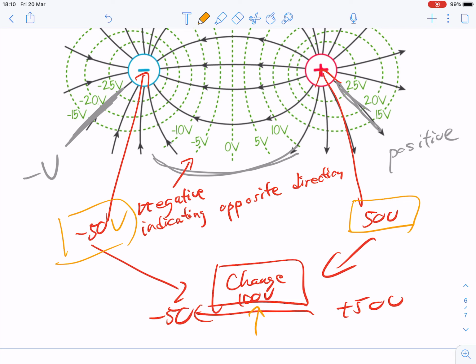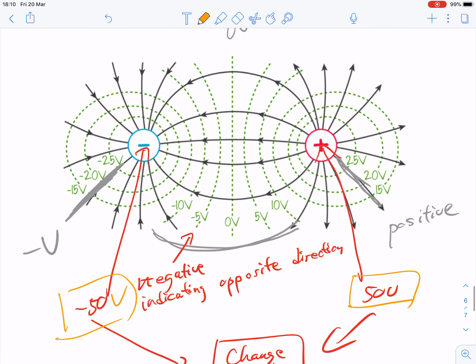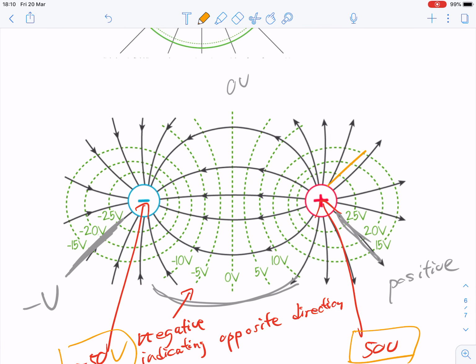So that is, again, the idea of the potential difference. So we're assuming both charges are the same, so maybe like 5 times 10 to the negative 6, and this is 5 times 10 to the negative 6. This would be negative. That would be a positive.